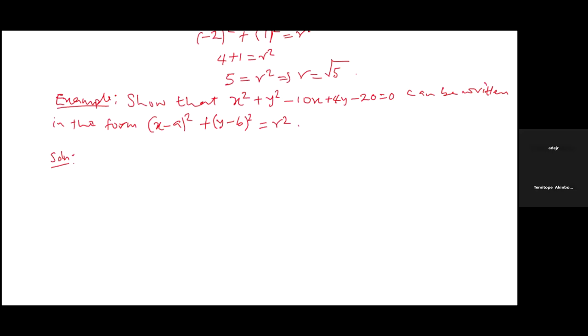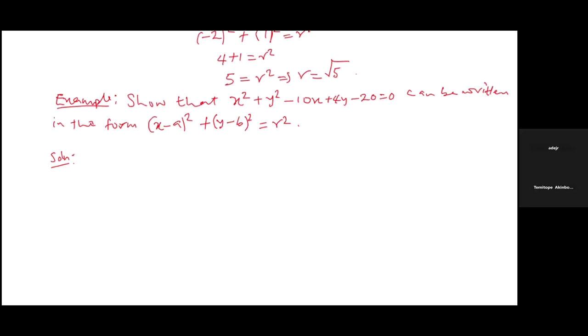And then you need to divide the 10 and the 4 by 2 to have those halves. So you have (x − 5)² plus (y + 2)² minus 20.